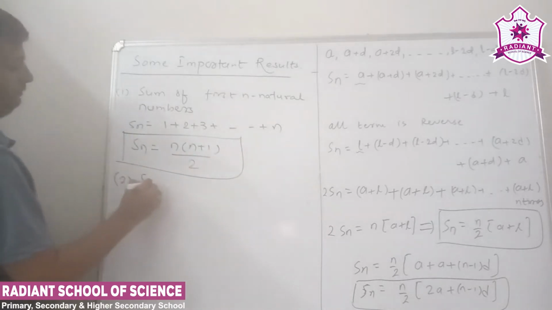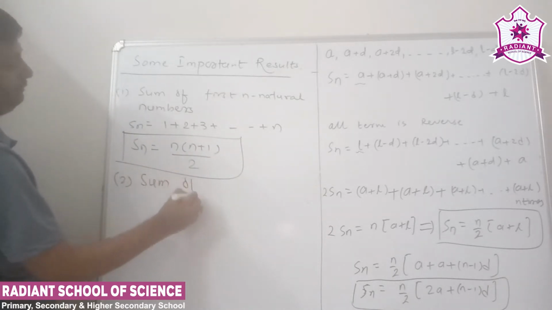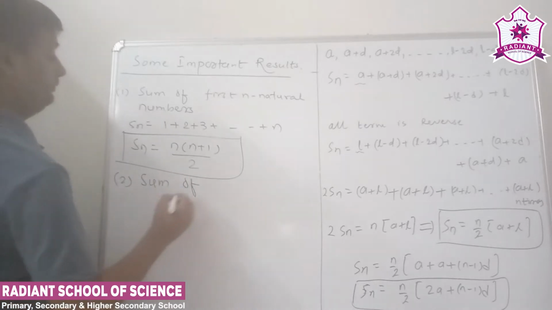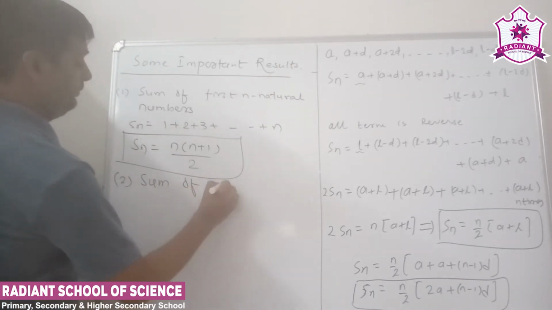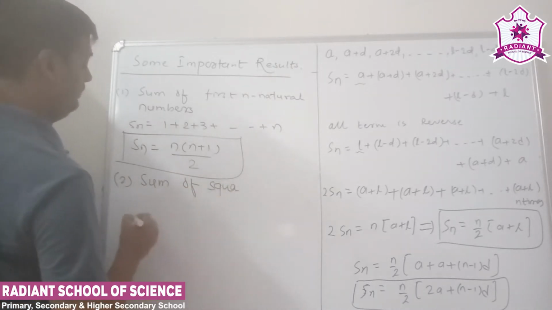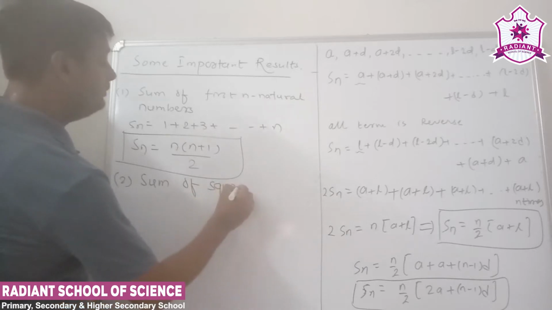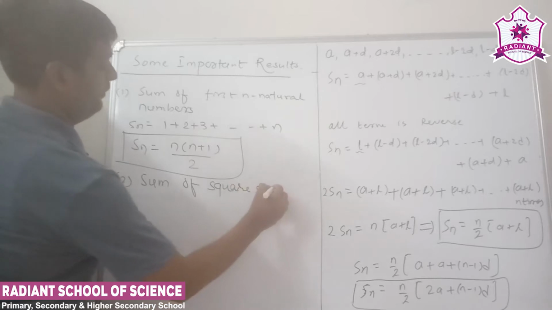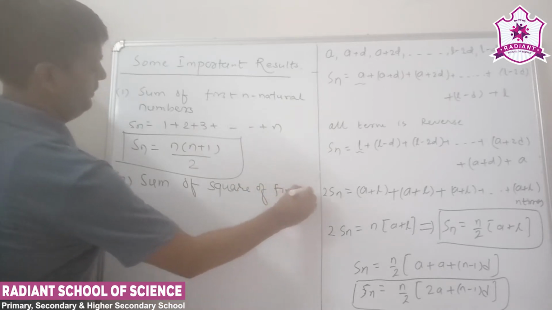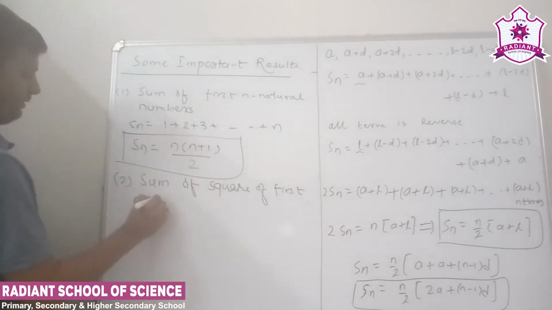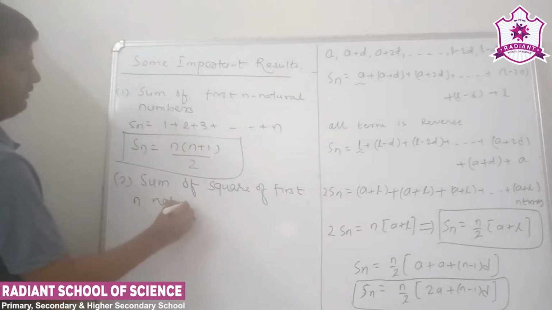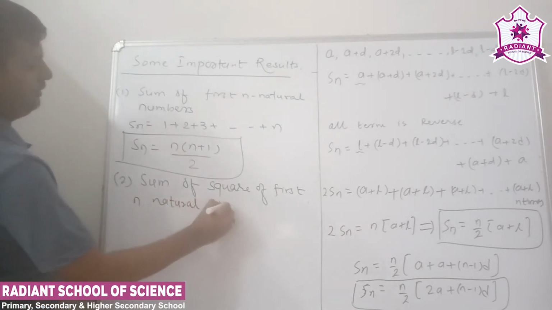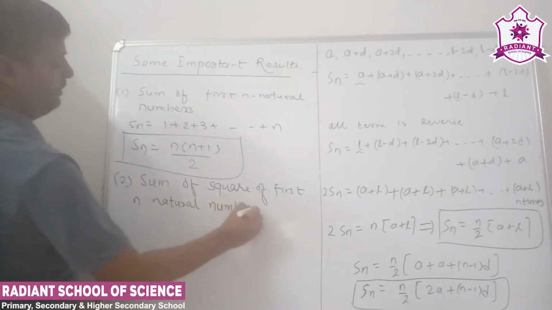Second, the sum of squares of the first n natural numbers.